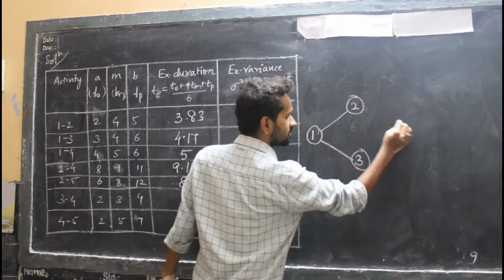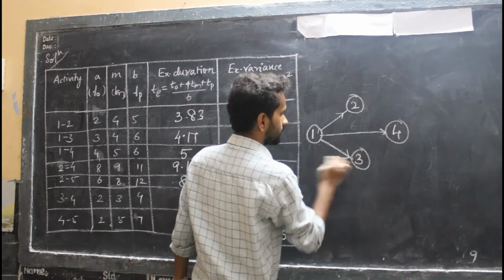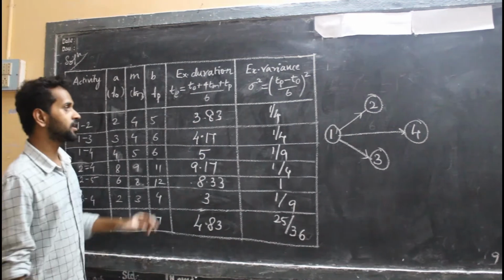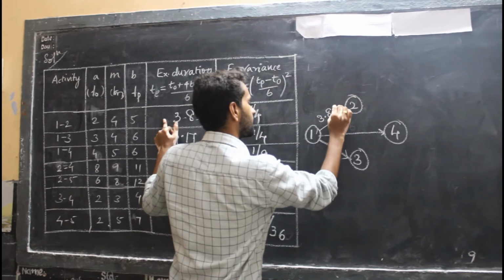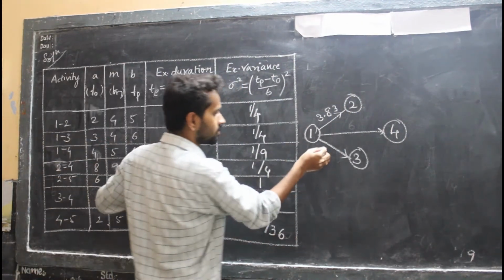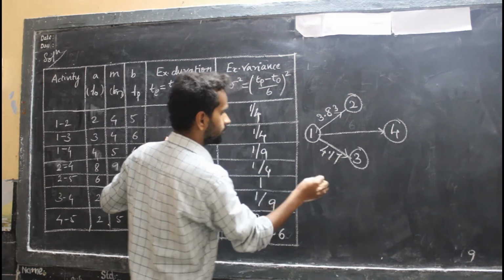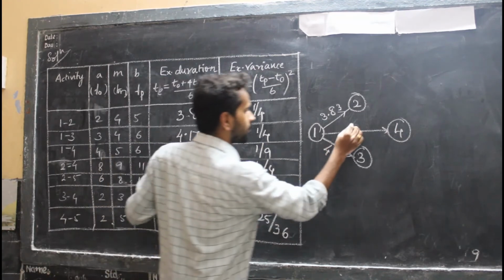So I can draw easily this way. Now 1 to 2 activity, time duration is 3.83. 1 to 3 activity, time duration is 4.17. And 1 to 4 activity, time duration is 5.